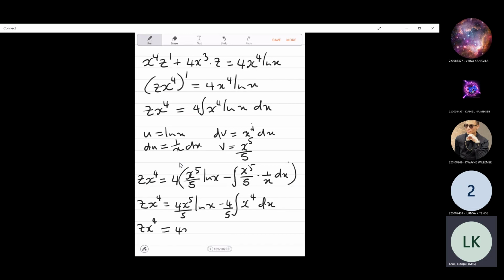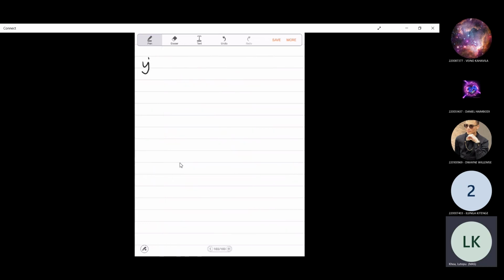So this is z x to the power of 4. This is 4x to the power of 5 over 5 ln of x minus 4x to the power of 5 over 25 plus our constant of integration. Okay, so now it is integrated. We just need to rewrite z in terms of y. So this will give us y to the power of 4 x to the power of 4.